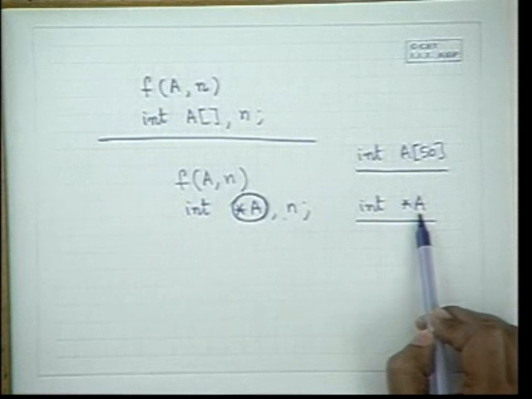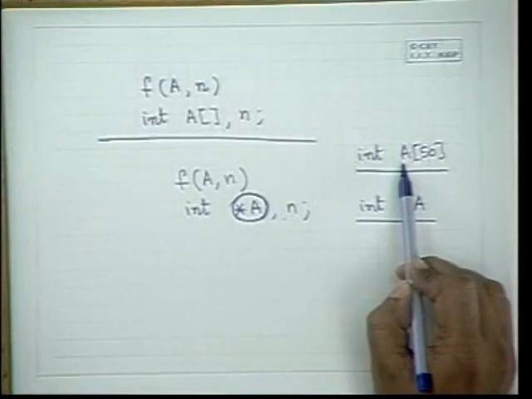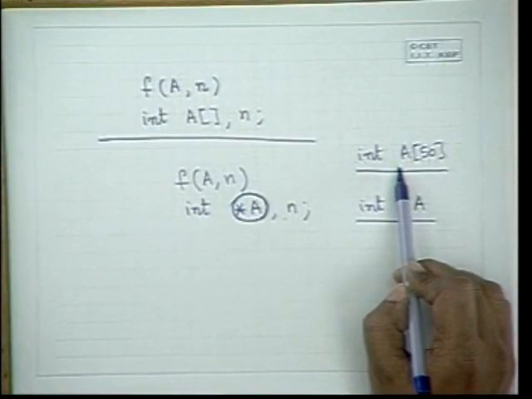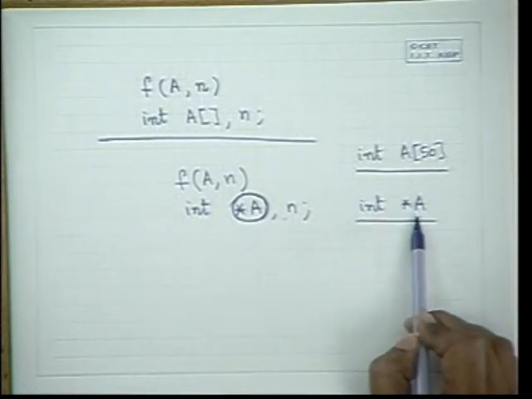This is a pointer variable. This variable can be changed. You can use this value and start changing it. But here this array A cannot be changed. This is the address of the array which the system will allocate. Here this can be changed.